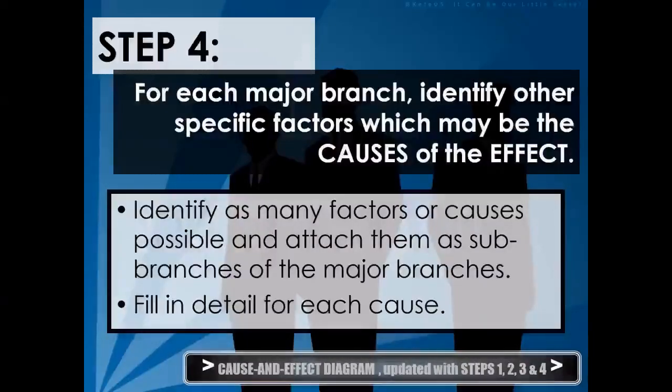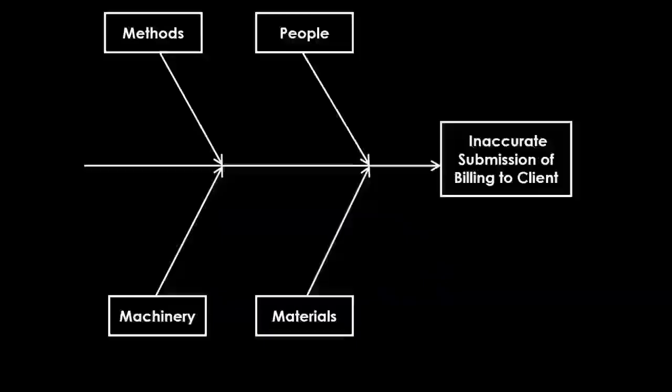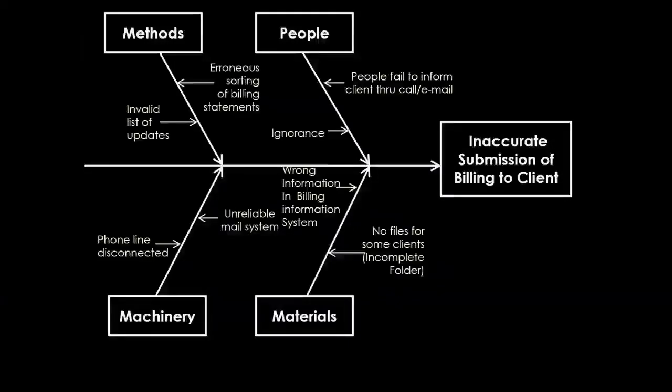Now we are going to write those down. Under people here, you have recognized two: ignorance of the people, workers, and people failing to inform the client through email or calls. Their ignorance is one.